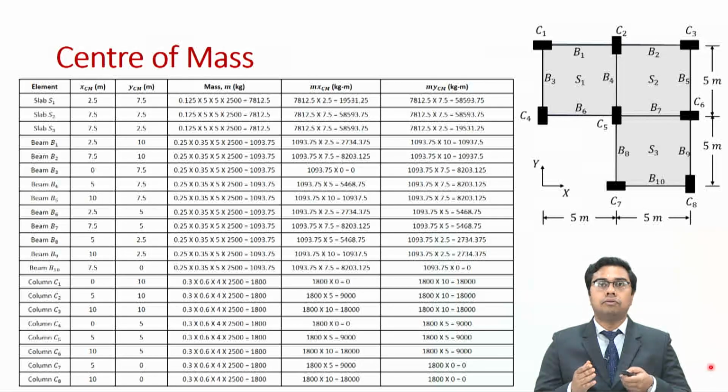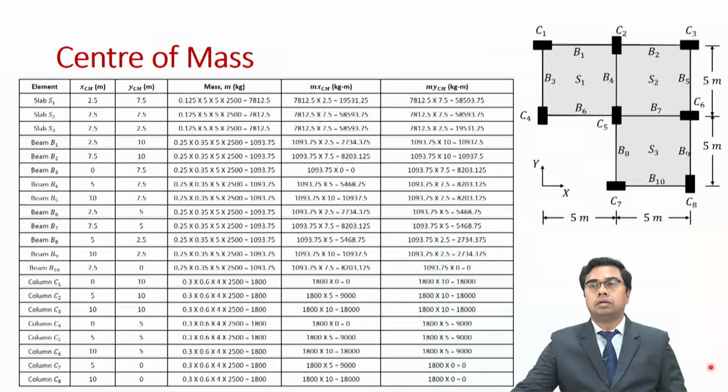However, for accurate estimation of center of mass, in this example problem, we have considered slabs, beams and columns. So, in estimation of center of mass, our first task is to list down the individual center of mass of different components.